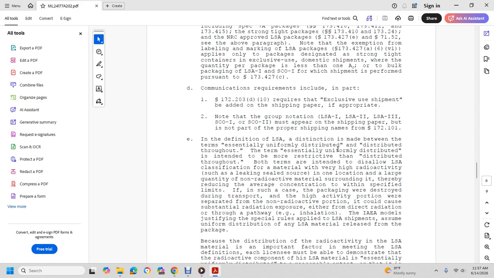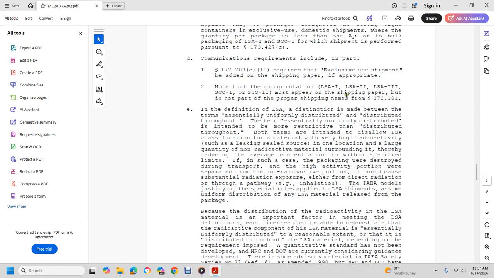Under 172.101, the definition of LSA makes a distinction between the terms essentially uniformly distributed and distributed throughout, and some of the more strictly distributed terms. Some materials are disallowed as LSA, such as highly radioactive certified material like a leaking seal source located in a large quantity of non-radioactive material, which would reduce the average concentration below the specified limit.